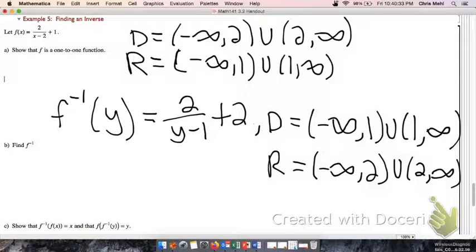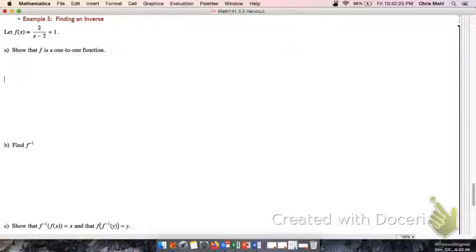Now the last part, and I haven't done this yet, is how to verify this property for inverse functions. When you compose a function with its inverse, you're supposed to get the input back.